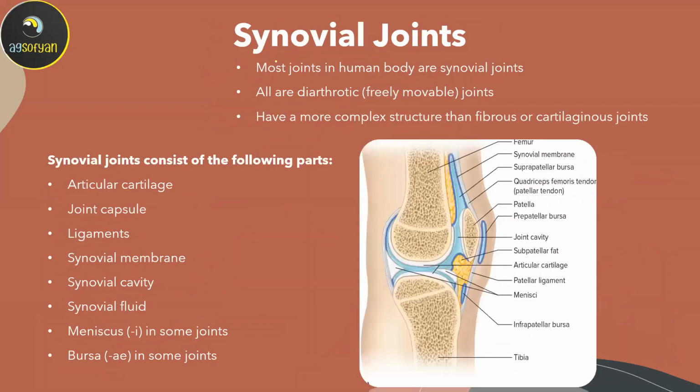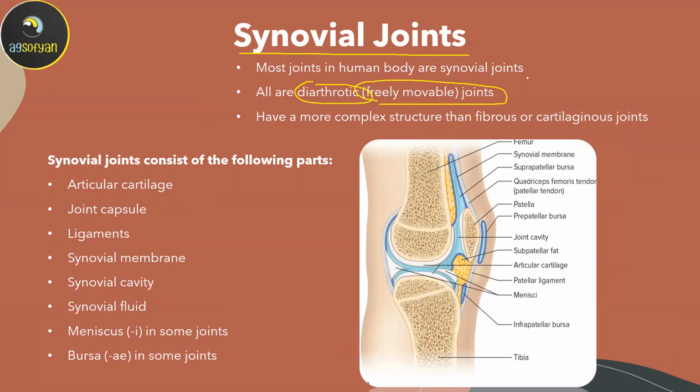The last type of joint is called the synovial joint. Again, this is the joint that we usually know as a joint, because all of them are diarthrosis. This is a freely movable joint.